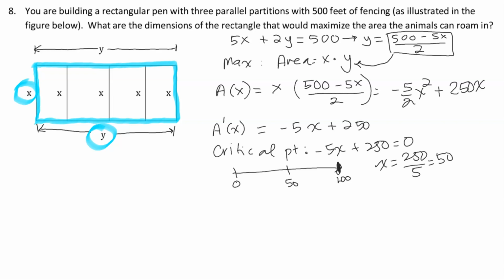Okay, so if you check the first derivative, a number less than 50, say 20, right? 20 multiplied by negative 5 is negative 100 plus 250. So then this is positive. So our function is increasing from this side. And then if x is, say, 70, 70 times negative 5 is negative 350 plus 250.